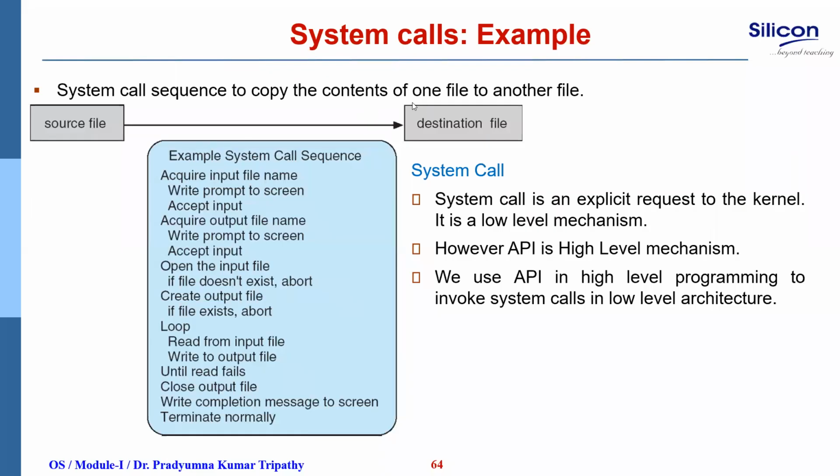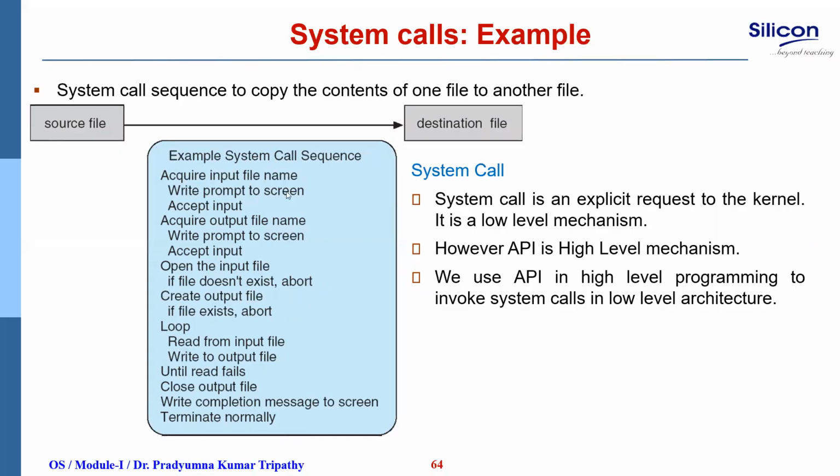For example, for copying from one location to another location: acquire the input file name, write a prompt to the screen, accept the input, acquire the output file name, write a prompt to the screen, accept the input, open the input file. If the file doesn't exist, then abort. Create the output file; if the file exists, then abort.